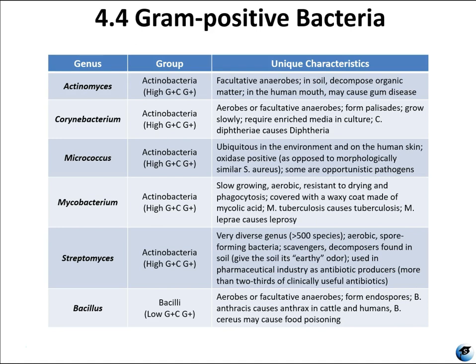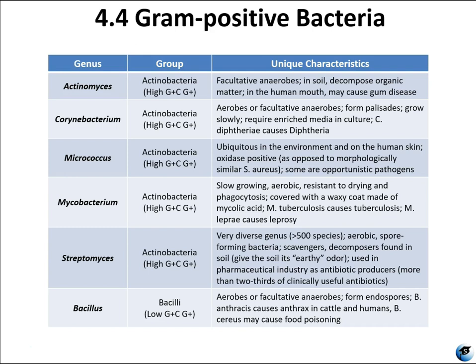Then you have Mycobacterium. Your Mycobacterium are very famously known for causing tuberculosis and leprosy. Streptomyces, some species of Streptomyces are spore-forming. They are decomposers in nature, so they can be beneficial. They're also beneficial in the fact that they're used for synthesizing antibiotics.